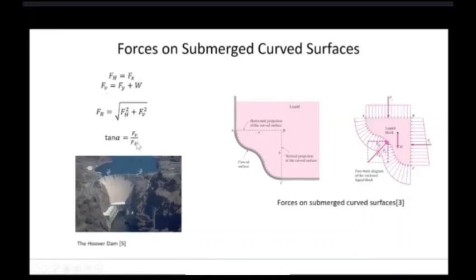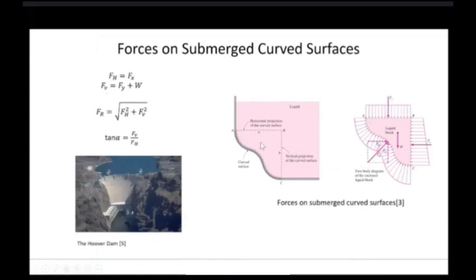So if we need to calculate the forces on our curved surface, we can just consider these two flat surfaces and look at the forces on those, plus take into account the weight of the liquid between those two flat surfaces and our curved surface.